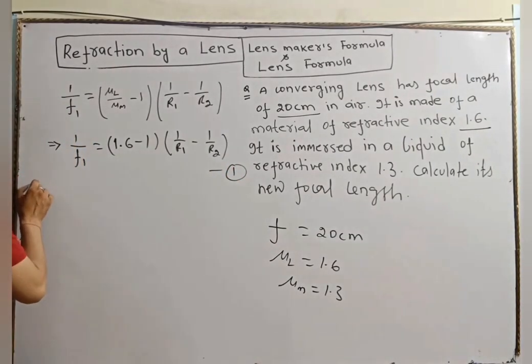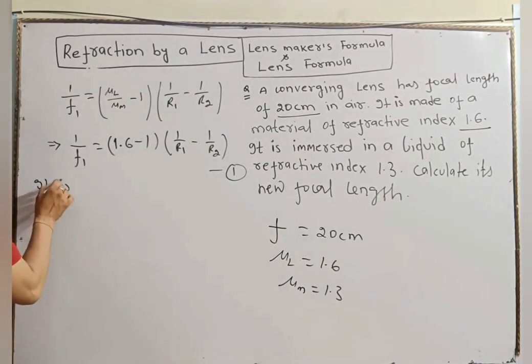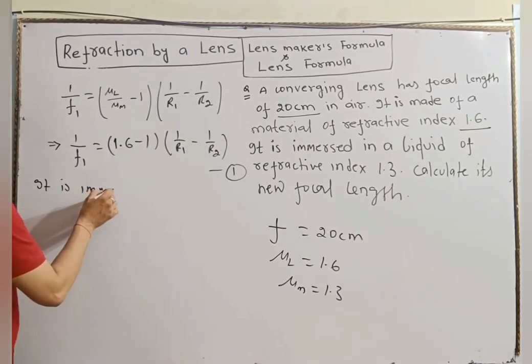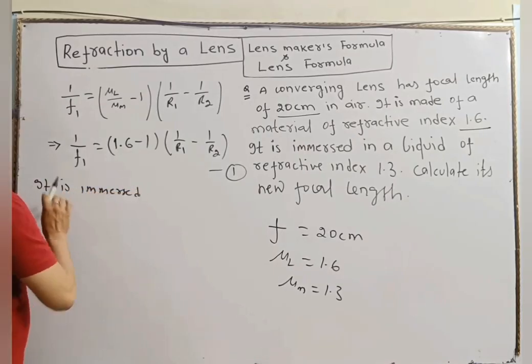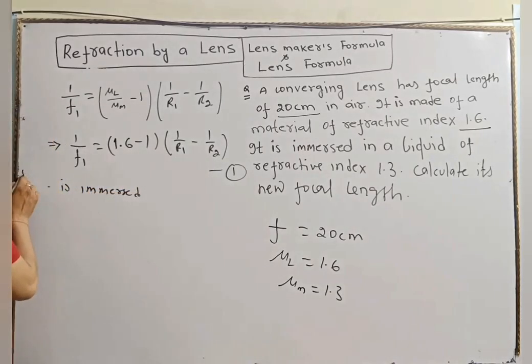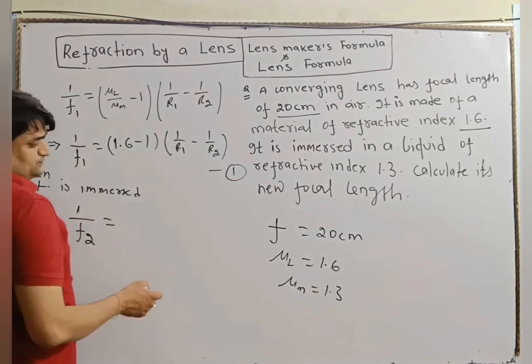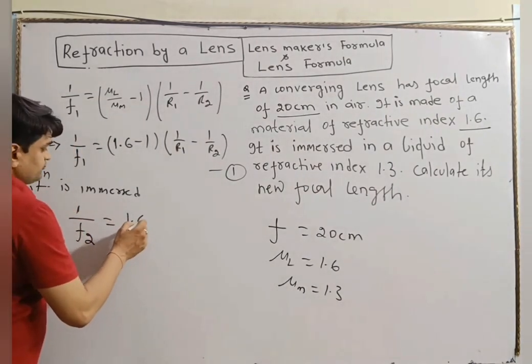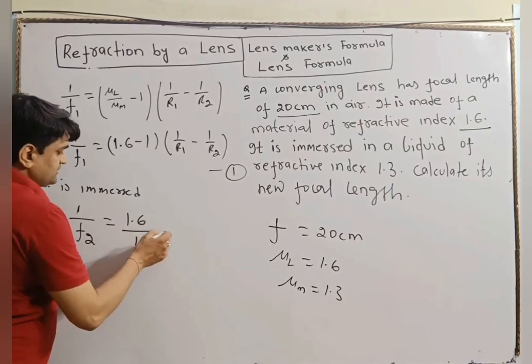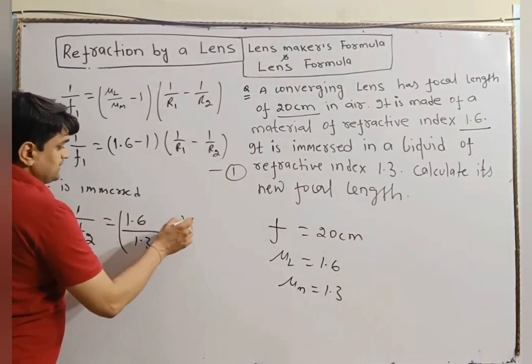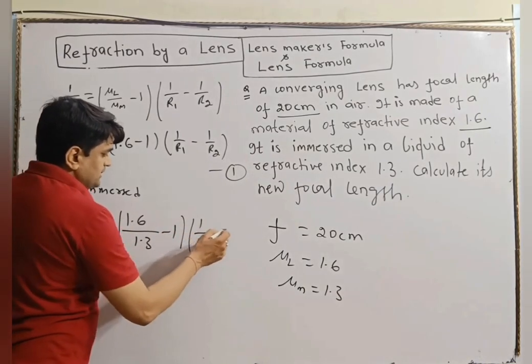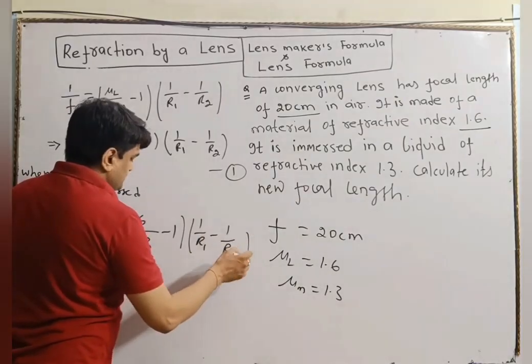Now when it is immersed, let the focal length be F2. Then it becomes (1.6 upon 1.3 minus 1) times (1 upon R1 minus 1 upon R2).